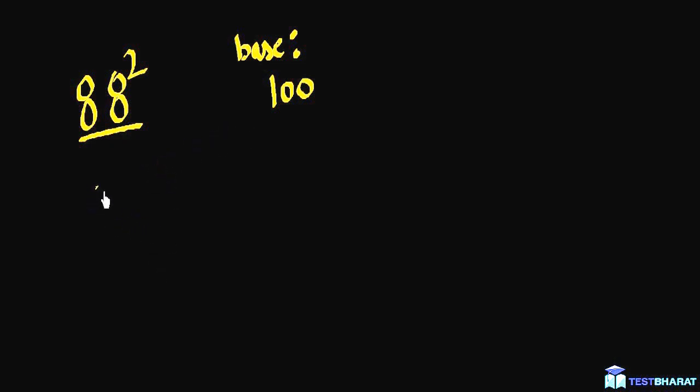So see, in this method, first we will find number minus base, that is 88 minus 100, which gives me minus 12. So the first step is to find number minus base. The number is the number of which you have to find the square, and the base is whichever you have taken.